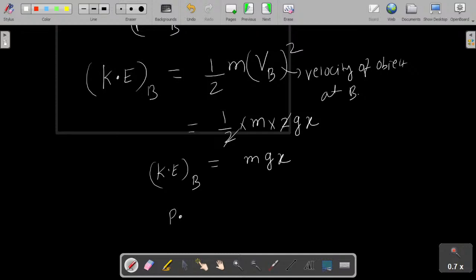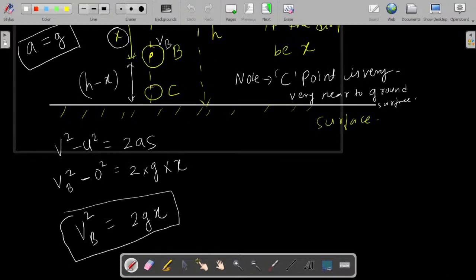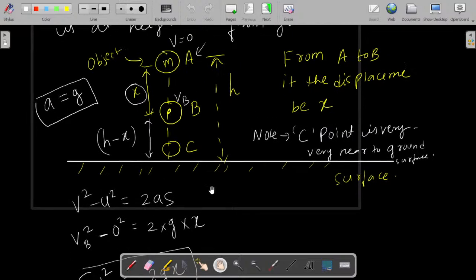Similarly, you find the potential energy at B. So what is the formula? mg into height from ground. What is h? We have to take height from the ground. Now you tell me the height from the ground.